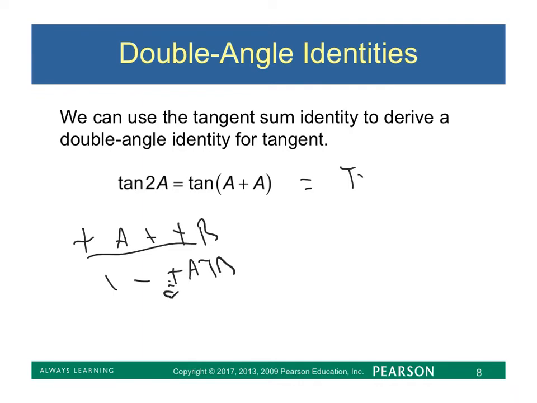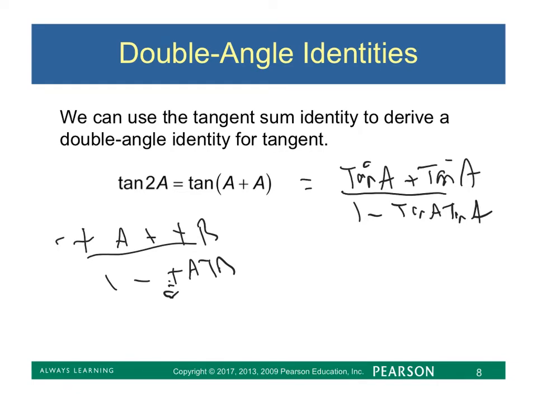Tangent of one plus tangent of the other, which is the same thing, over 1 minus the product, tangent A, tangent A. And you can see what happens here. These two are identical, so it turns into 2 tangent of A over 1 minus, these are identical, so it's tangent of A squared.